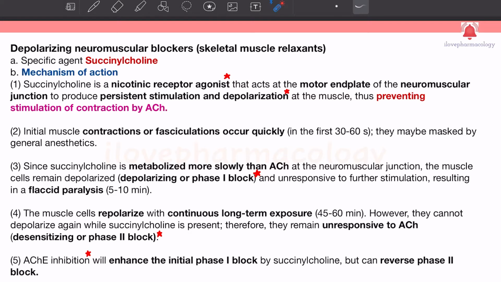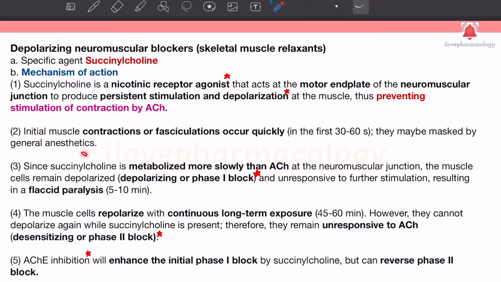Initially, once it binds to the nicotinic receptors at the muscle end plate, there will be initial muscle contractions or fasciculations which occur quickly. This will be seen within the first 30 to 60 seconds, and it can be masked by general anesthetics.